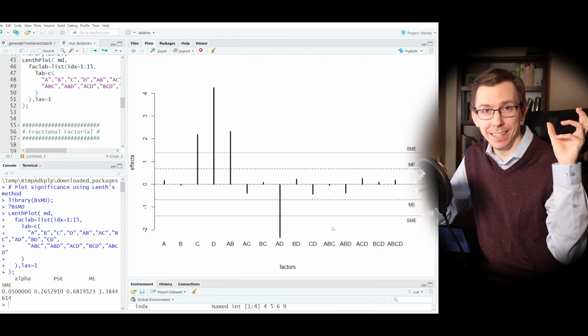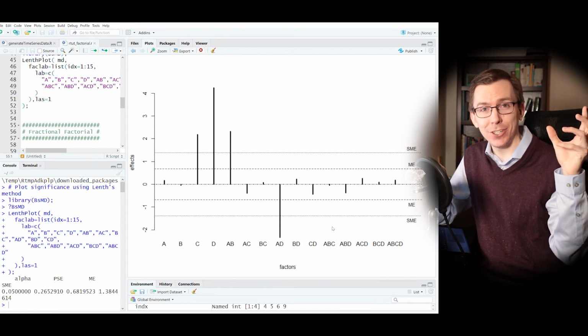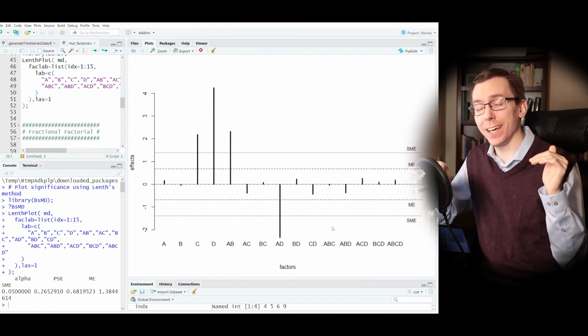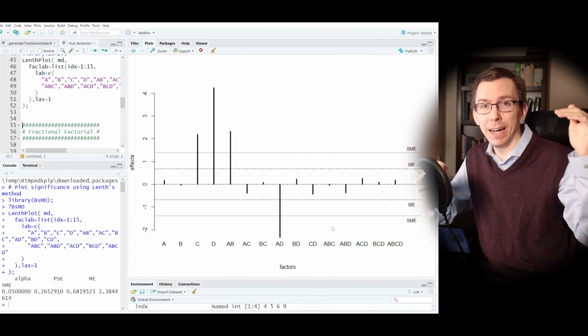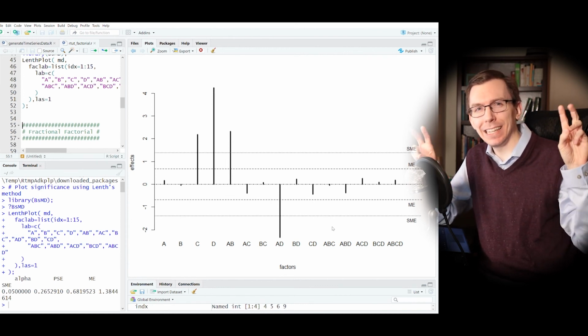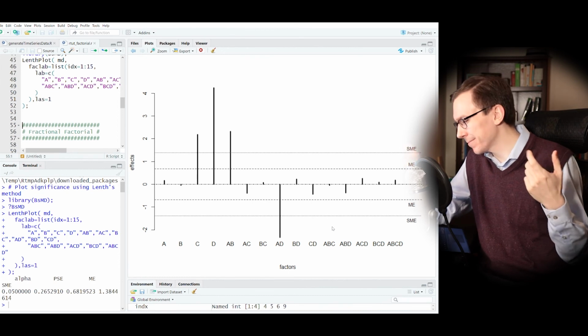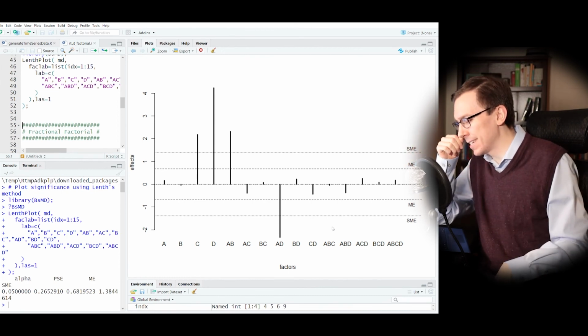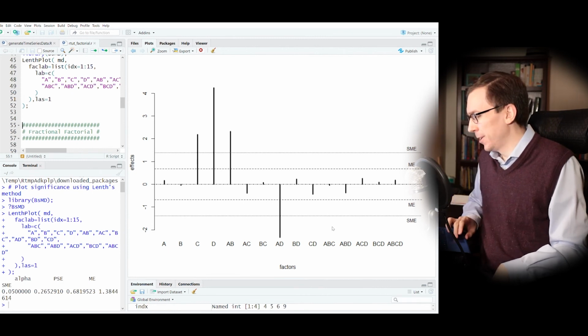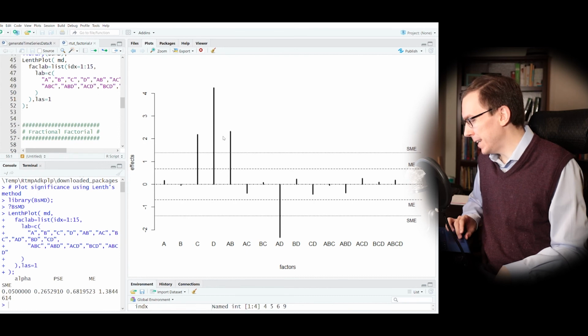It's estimating the effect, main or interaction. It's estimating a pseudo-standard error. Then it's dividing one by the other to get a t-like statistic. Then it plots them all in this kind of bar-like plot, where here we once again see that C, D, AB, and AD are all passing both thresholds.